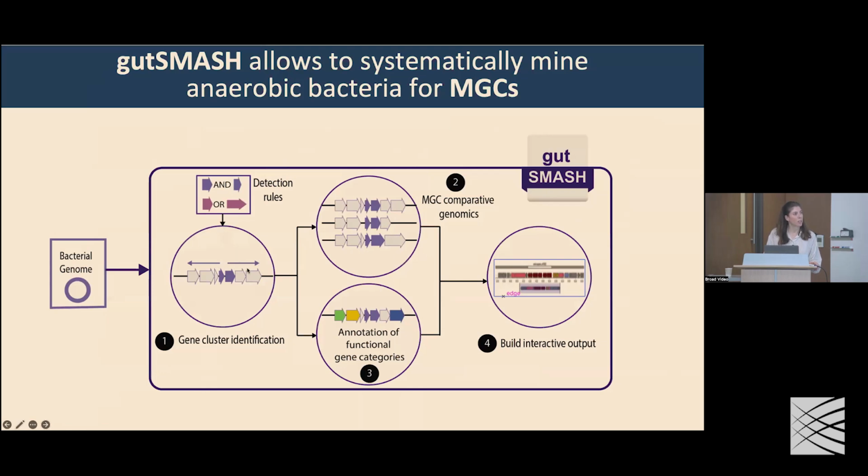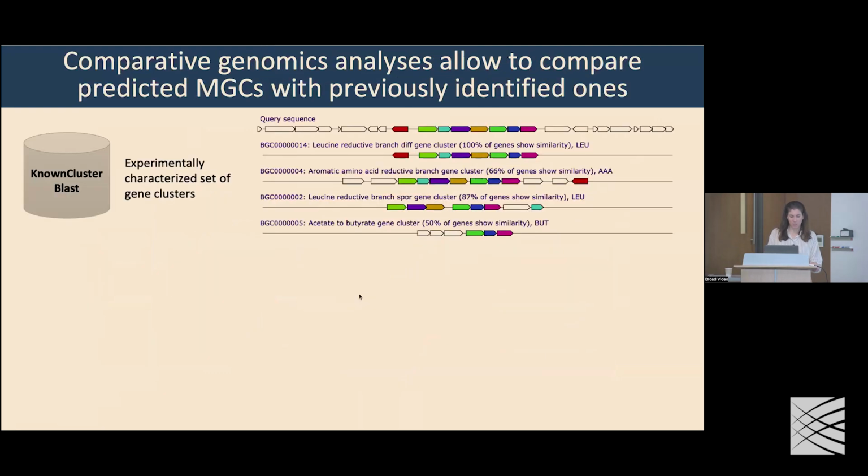Then the gene cluster is compared to a database of other gene clusters that we have, and I will talk a little bit more about that in detail later. And then we annotate the genes into different functional gene categories. And finally, we build the interactive output that one can see in the results.